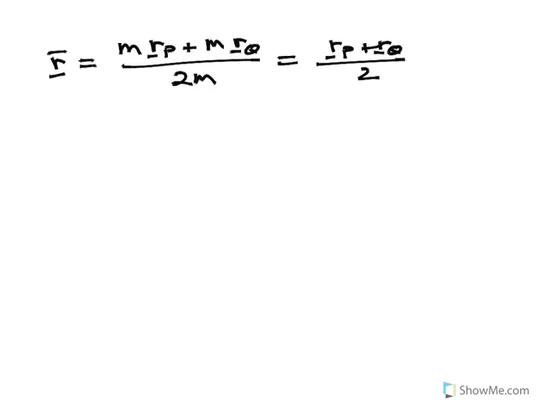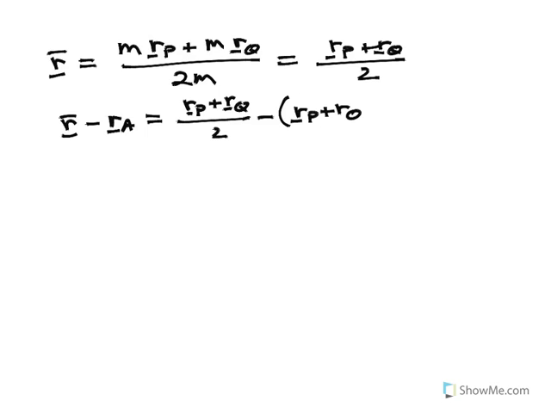We can do that afterwards, because we can first compute R bar minus RA. That's equal to RP plus RQ, all divided by 2, minus RA, which is RP plus RQ. If we do this calculation, we've got RP over 2 minus RP, which gives us minus RP over 2, and then minus RQ over 2.